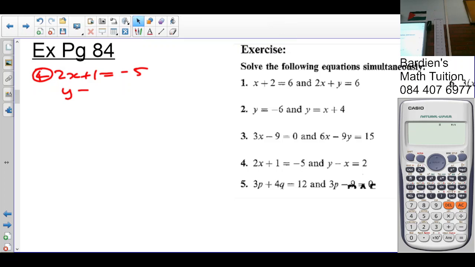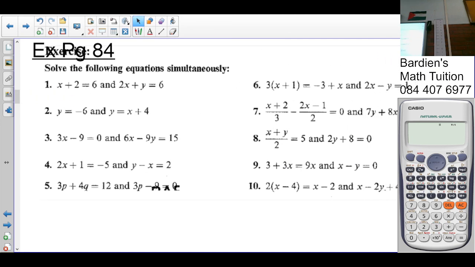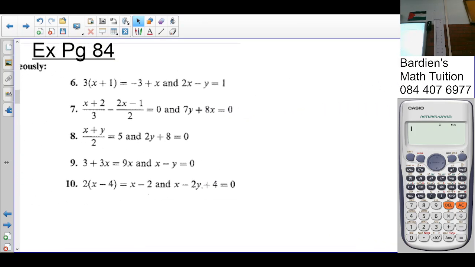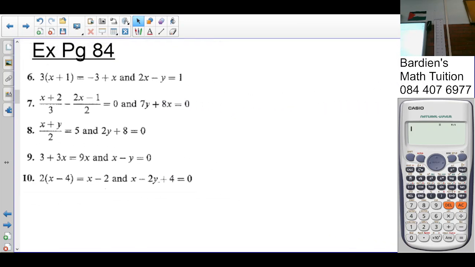Okay, so do you work it out? If you're still having a problem with that answer, you let me know and I can check where you're going wrong. But the answer to number 4 is x is negative 3 and y is negative 1. So write that down.